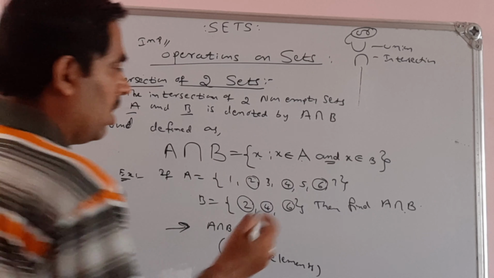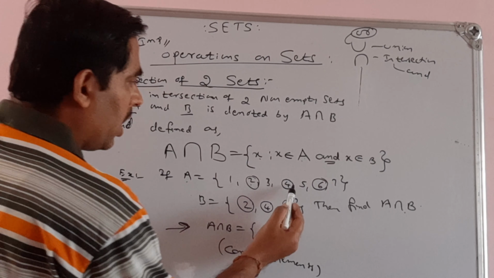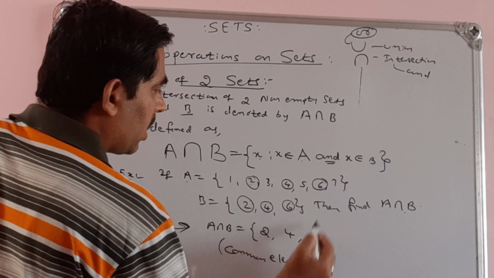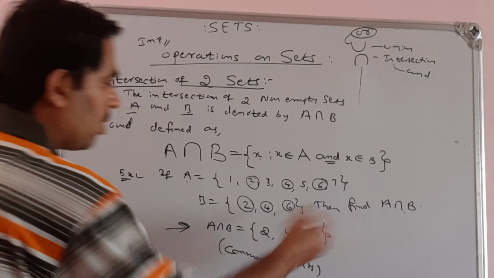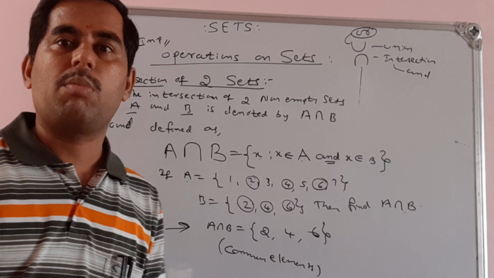See, 2 is present in A and 2 is also present in B, so that's why I can write the common element 2. Then another common element is 4. Then another common element is 6. So this is A intersection B. Writing the common elements is nothing but the intersection of two sets.